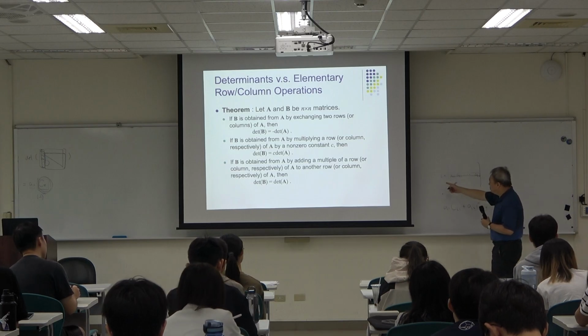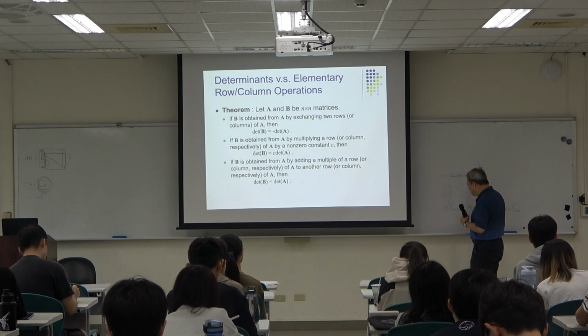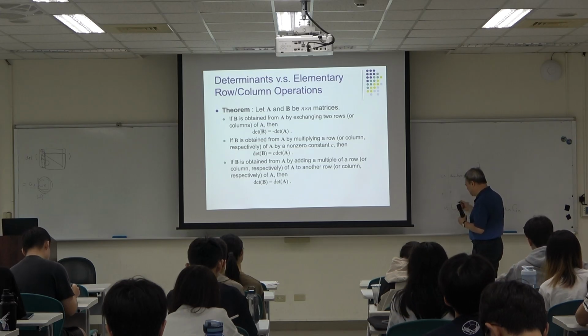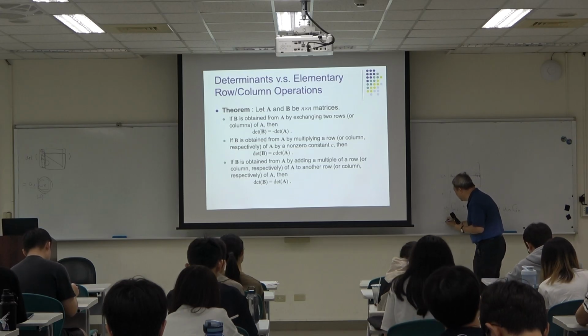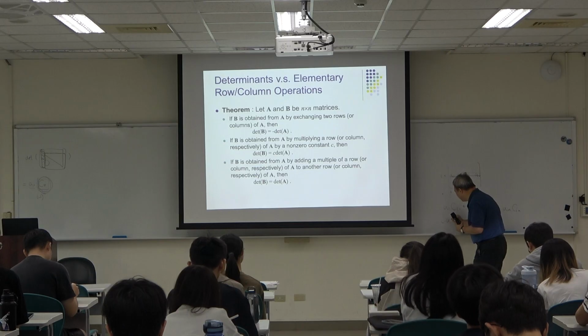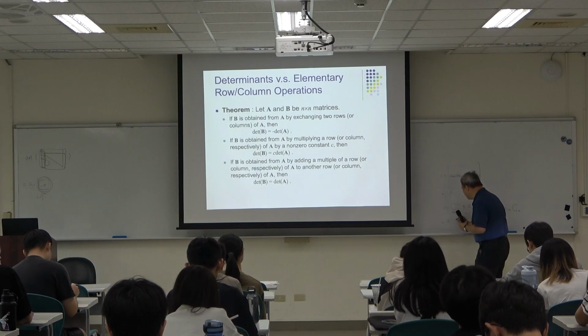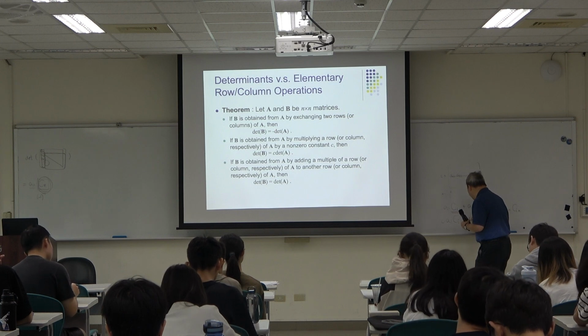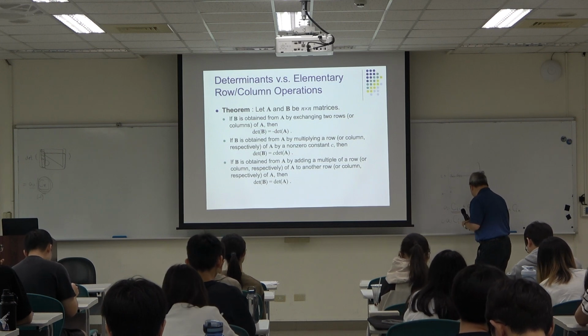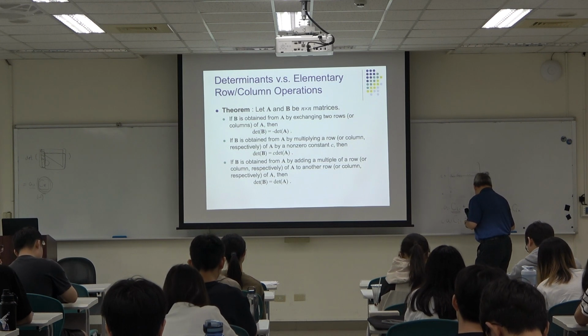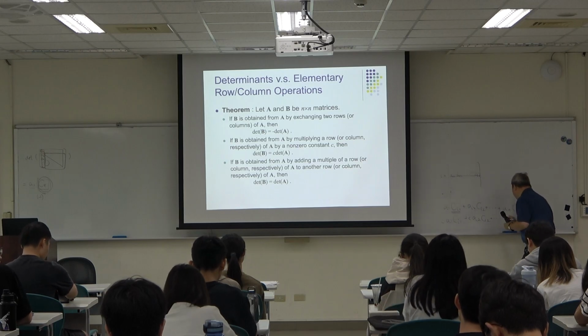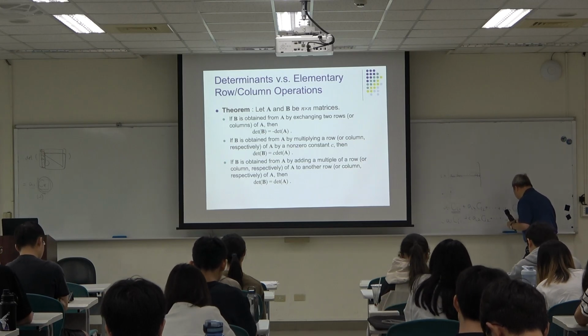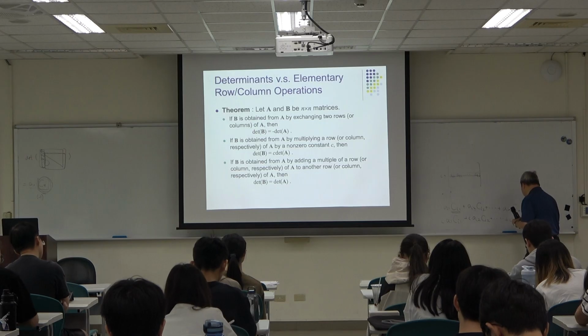The resulting matrix's determinant is going to be C times Ai1 times capital Ci1, plus C times Ai2 times Ci2, plus ... plus C times Ain times Cin.